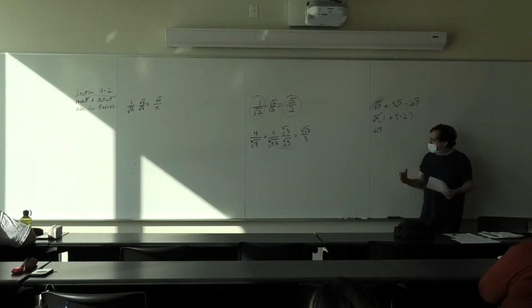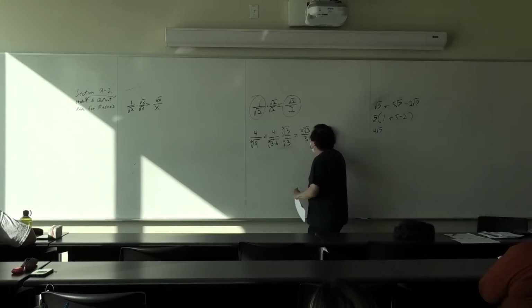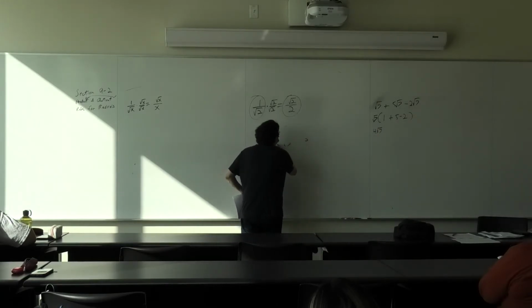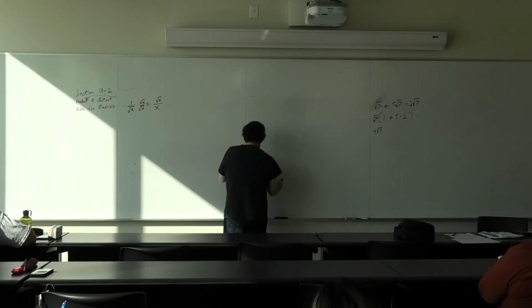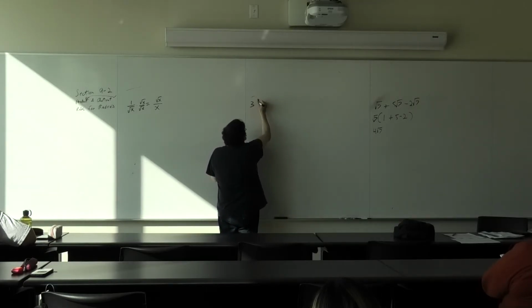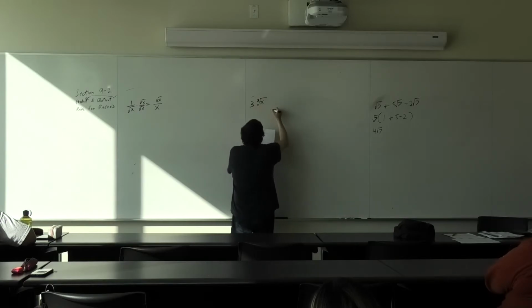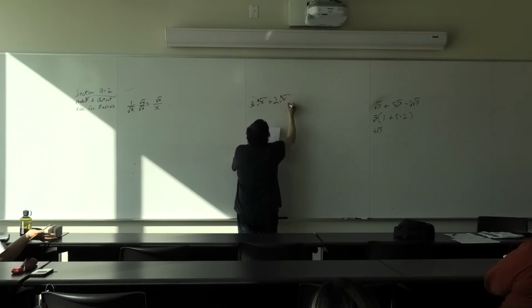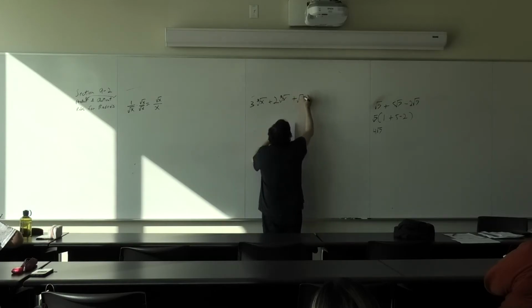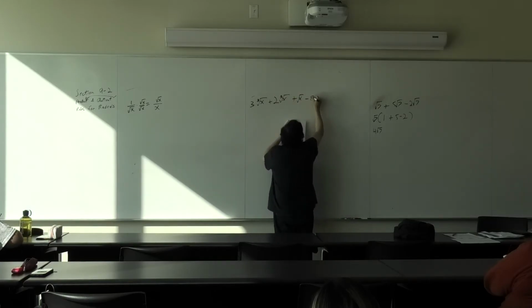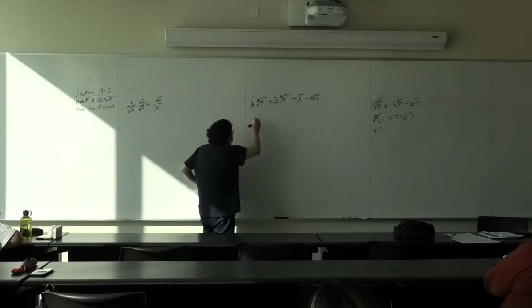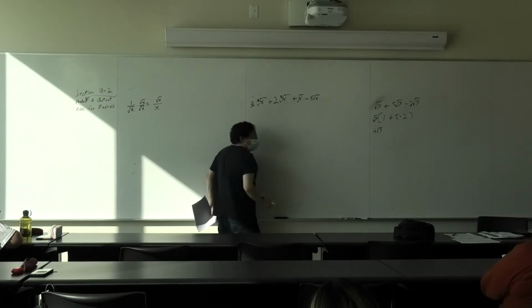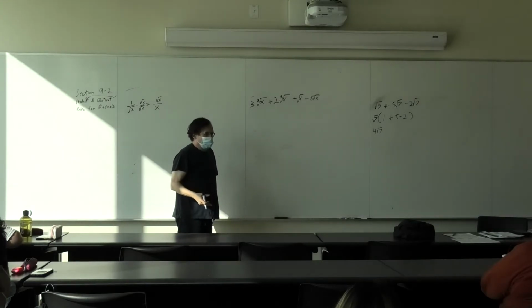The same is true if we have some kind of variable in there. So if we had 3 times the cube root of x plus 2 times the cube root of x plus square root of x minus 8 square root of x. Well, these radicals are different, so we're not going to be able to mix them.